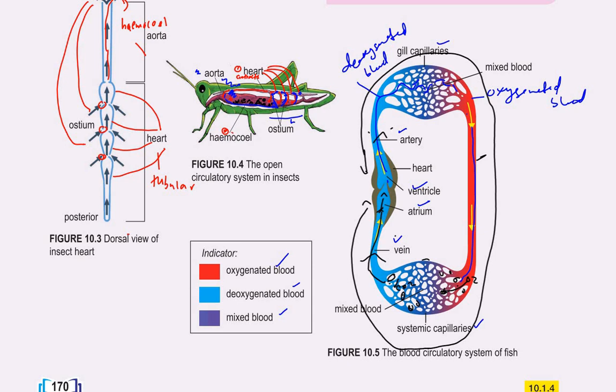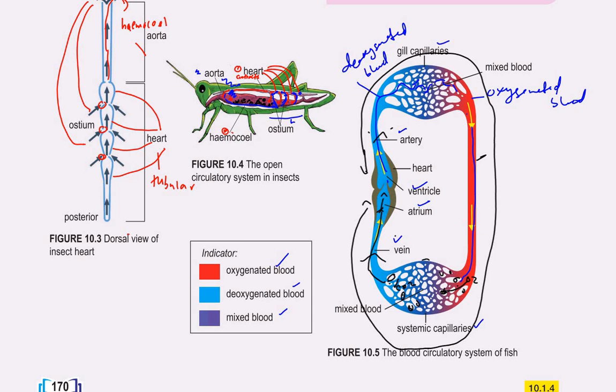You must remember the names of the capillaries, gill capillaries and systemic capillaries. The gill capillaries are where the process of exchange of gases occurs, taking the dissolved oxygen. The systemic capillaries are where gases are exchanged between the capillaries and the tissue or cells. Then the blood will return back to the heart through the vein.